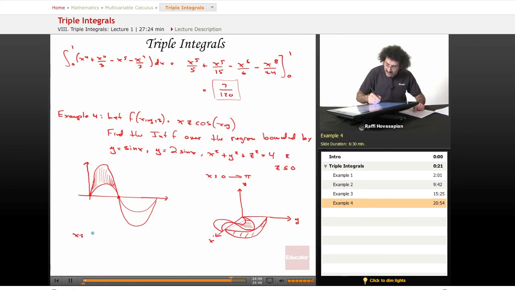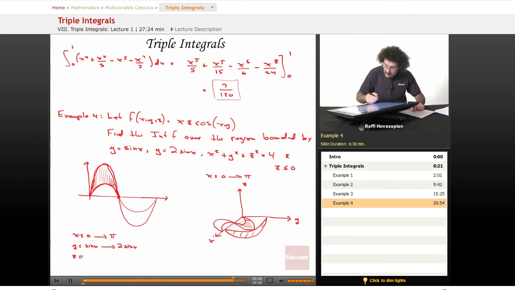So x, we said, is moving from 0 all the way to pi. Well, y is moving from sine x to 2 sine x. That's lower and upper.